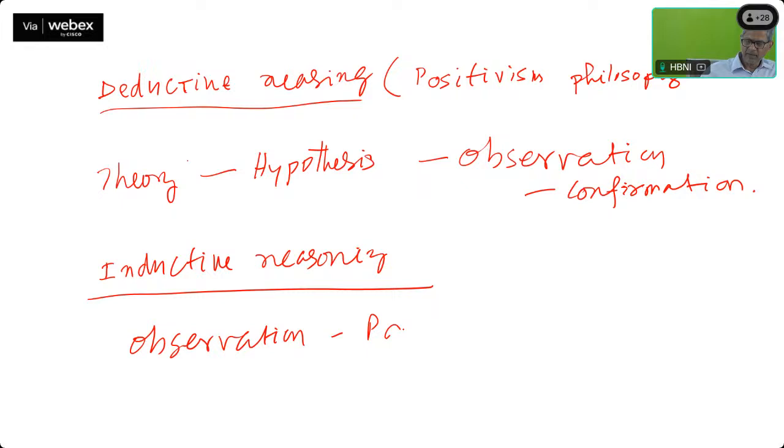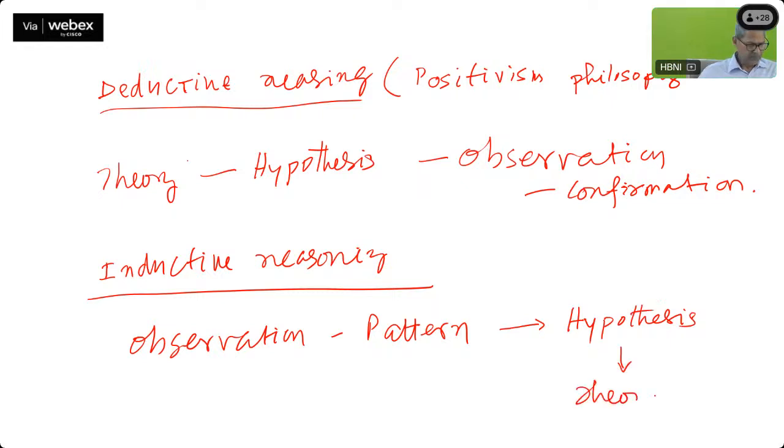Then you observe a pattern, then you develop a hypothesis, then theory. You can check whether the research topic you have chosen uses deductive or inductive reasoning, and what type of reasoning you are using for your own research.